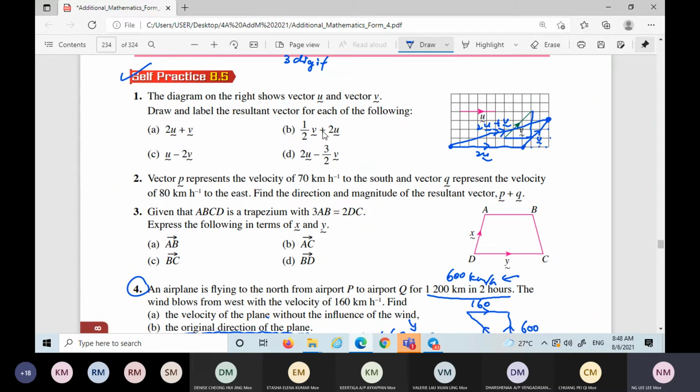is more difficult. Let's see what is difficult here. Let's say the B. What is the half v? I erase already.